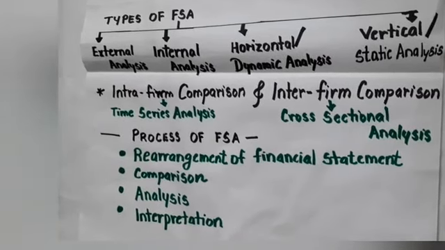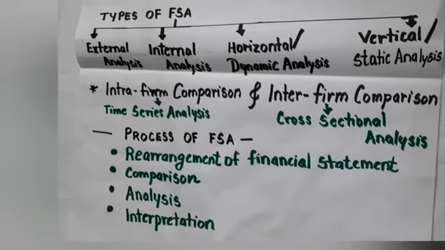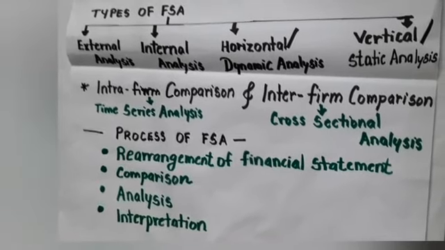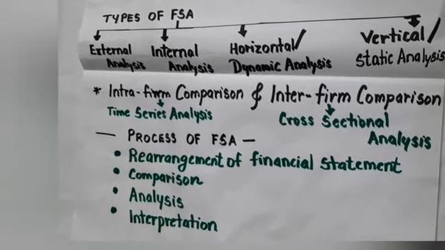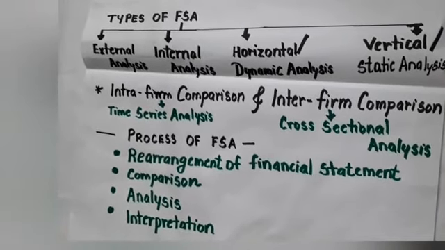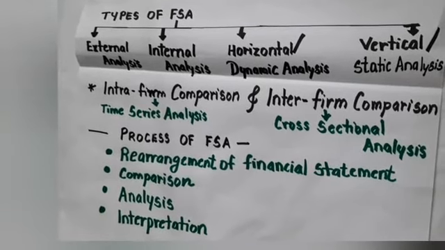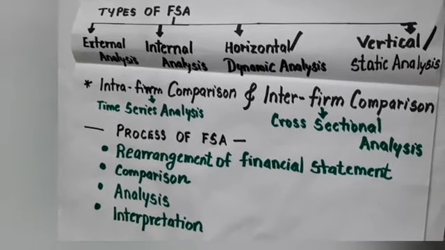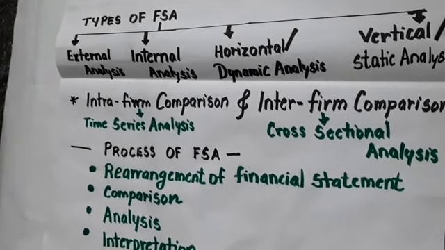Internal analysis is conducted by the management to know the financial position and operational efficiency of the organization. This analysis is termed as a very accurate one, as management have a direct access to the information of a company. Next is horizontal, which is also known as dynamic analysis.